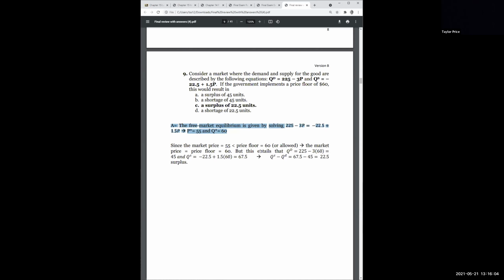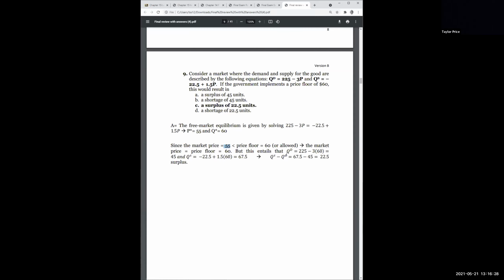So just set the demand and supply equations equal to one another and solve. And then from that point, you know that the $55 price, as a comparison to the $60, will tell you if it's a binding or non-binding price floor.